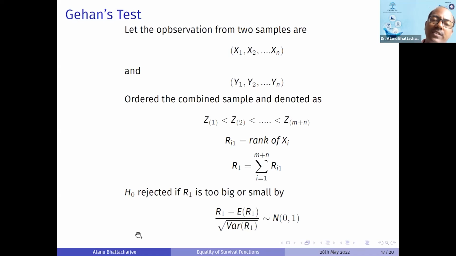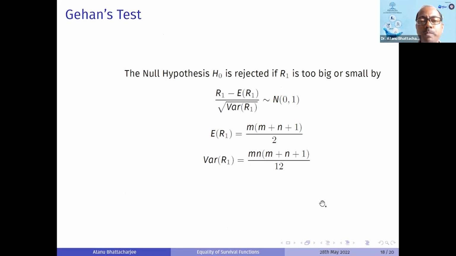And then we assume that this value, R1 minus ER divided by the square root of the variance, follows the normal distribution. If this value is quite large, then we reject the null hypothesis. If it is low, then we accept the null hypothesis, and that's the way the entire story works.